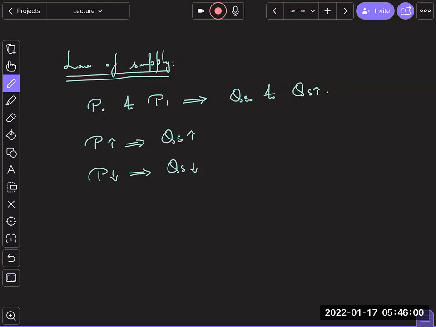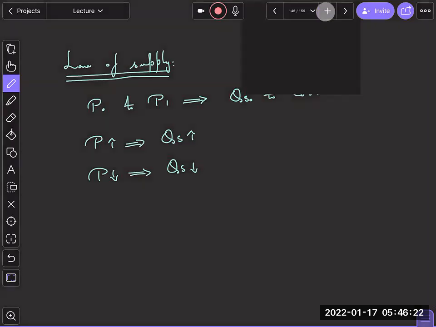What happened in demand? The demand curve was downward sloping because there exists an inverse relationship between price and quantity demanded. And unlike demand, here we have a positive relationship between price and quantity supplied. So why do we have a positive relationship, or why does the supply curve slope upward?